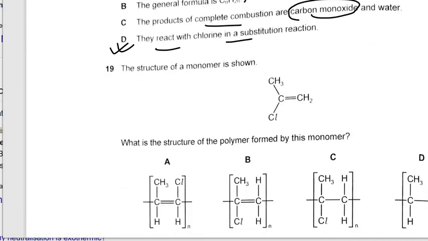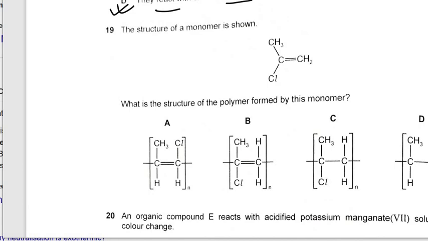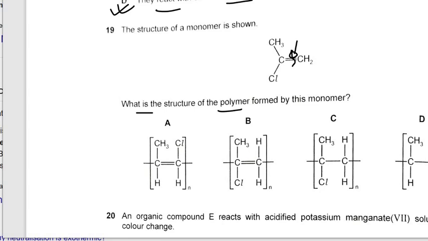Now question number 19, the structure of the monomer is shown here. What is this? It's a kind of alkene, right, where the carbon has a double bond, and this can go for the addition reaction and for the polymerization reaction. So let's see the structure. When the polymer forms, this bond will break. So when this bond breaks, how will it look? It will look like CH3 Cl, right? You have hydrogen here, so it again starts repeating the same structure.